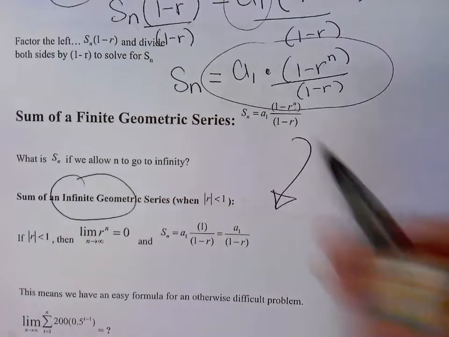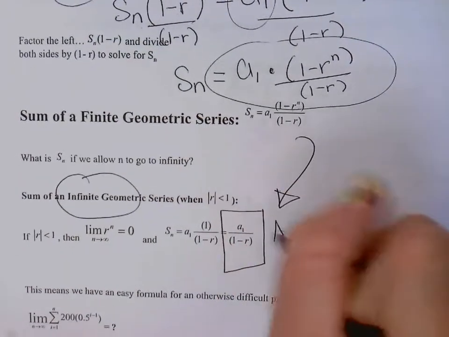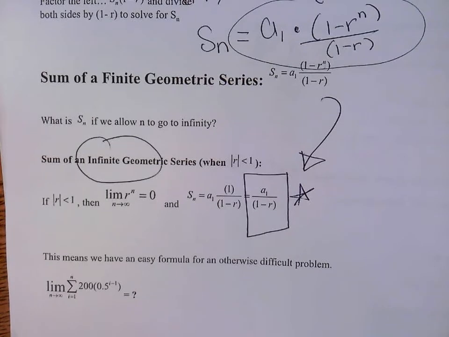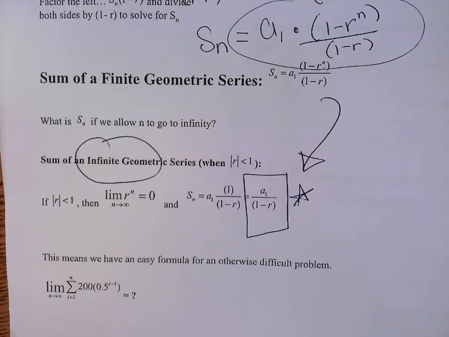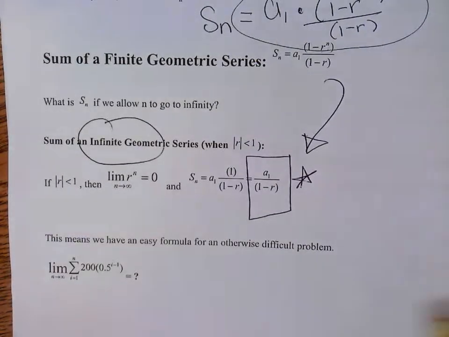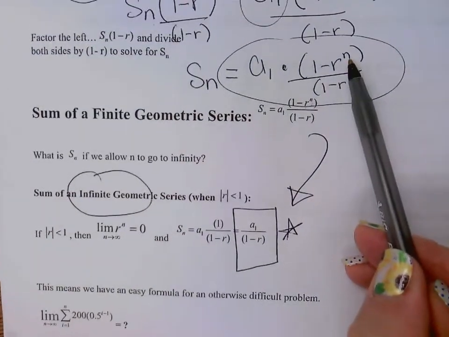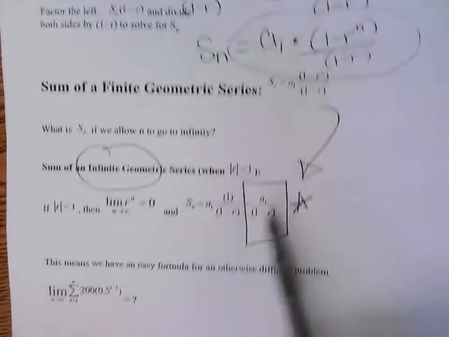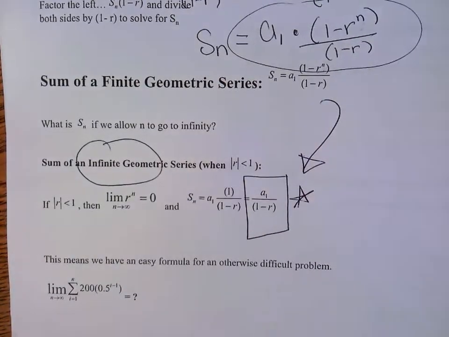So I just wanted to show you where this formula comes from. They're not just pulling it out of thin air and it magically works. They actually proved it out from the finite series, and then they just inflated the n value to like a million. So this is going to be the formula that we're going to be using a lot.